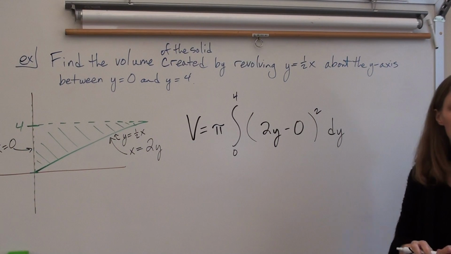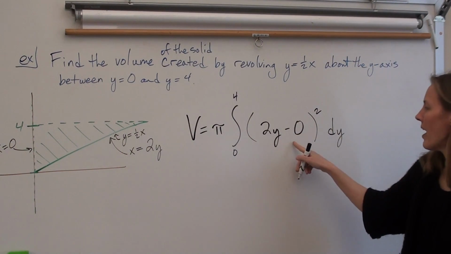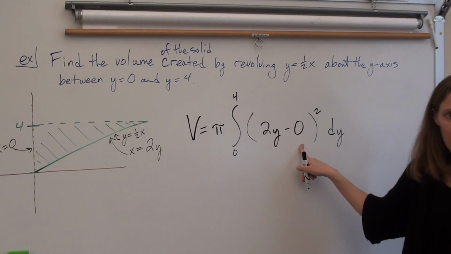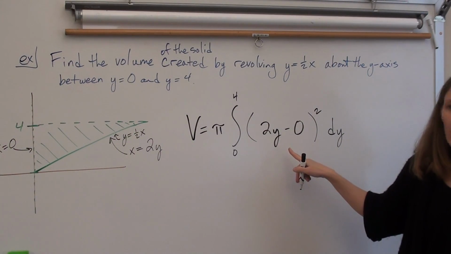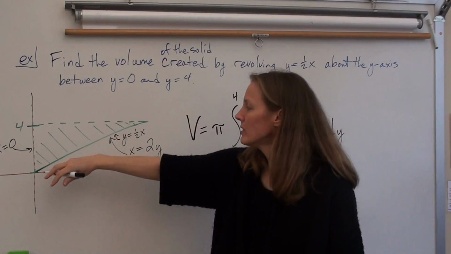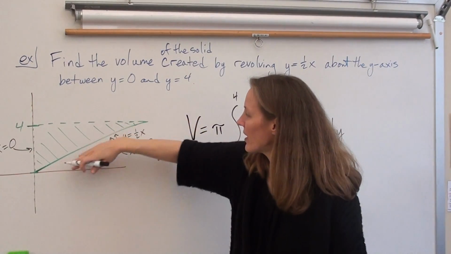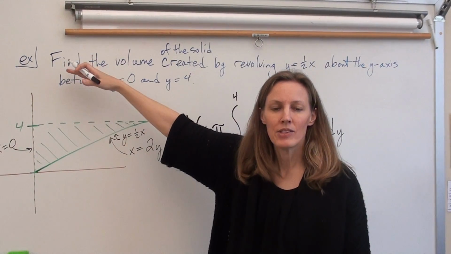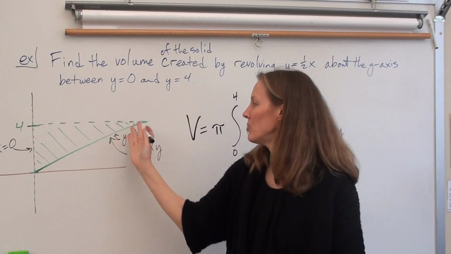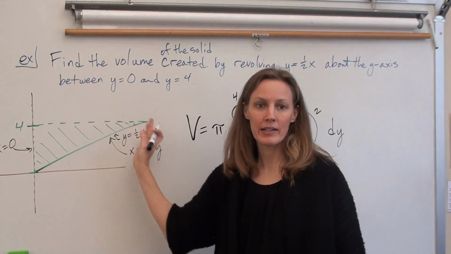Yes? So you couldn't plug in 1/2 x and 4 for that? If you did 1/2 x here, what's the point? Oh, okay, here's the thing, guys. If you take 1/2 x and revolve it about the line y equals 4, is your volume going to be the same as if you take this 1/2 x and revolve it about the y-axis?